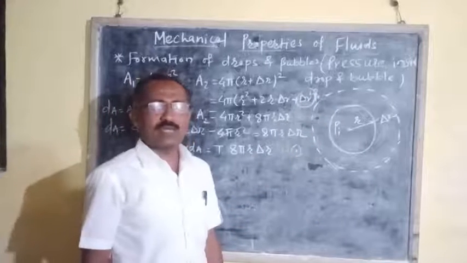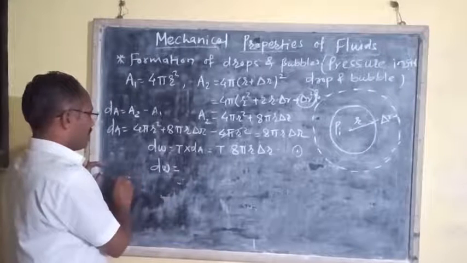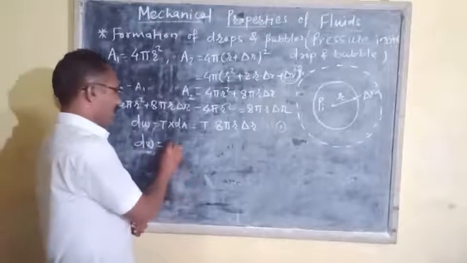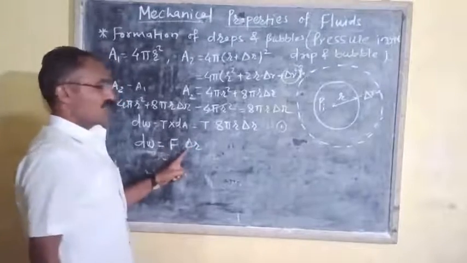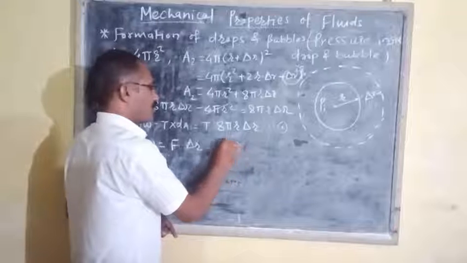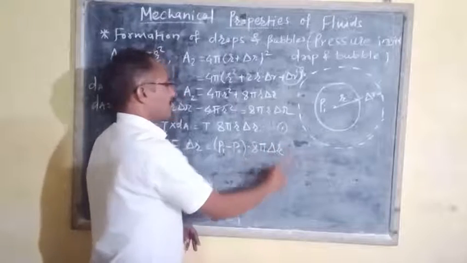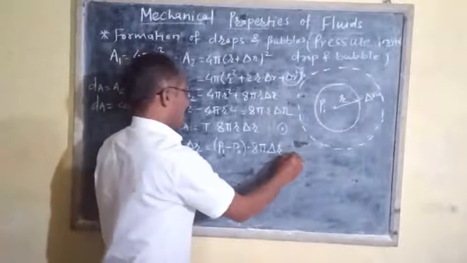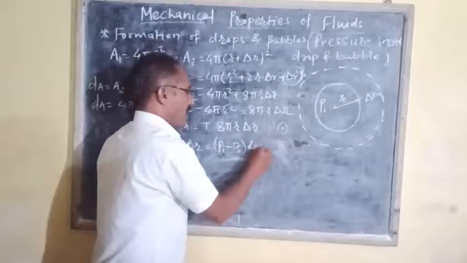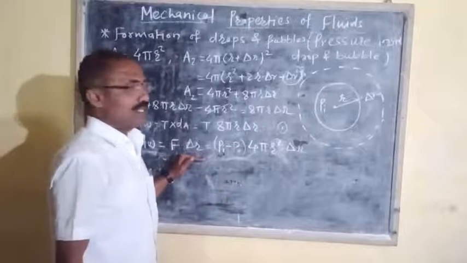The work done can also be given by dW is equal to F into delta r, that is force multiplied by displacement, and this force is given by the excess pressure Pi minus Po into the area 4 pi r square. So dW is equal to Pi minus Po into 4 pi r square into delta r.